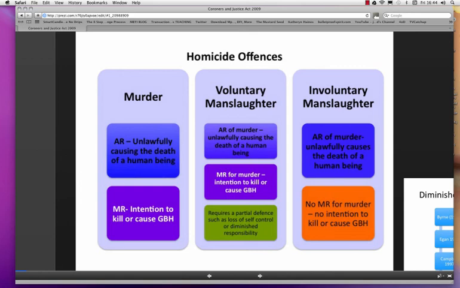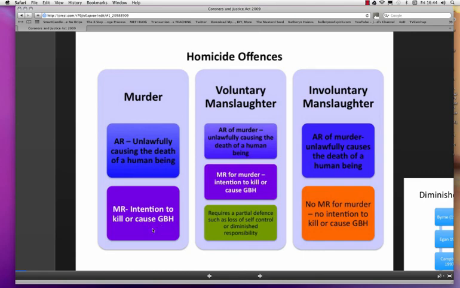Let's start again with this diagram, which you've seen before, homicide offences. Now you'll see that there's a pattern across this diagram. The actus reus for murder, voluntary manslaughter and involuntary manslaughter is the same, unlawfully causing the death of a human being. The mens rea for murder is intention to kill or cause GBH.